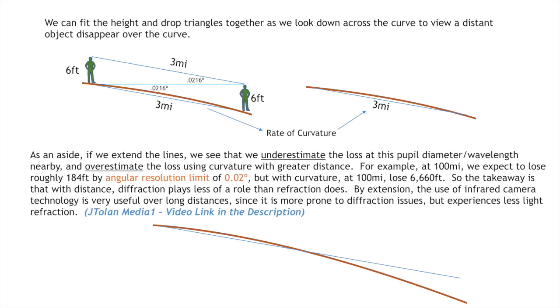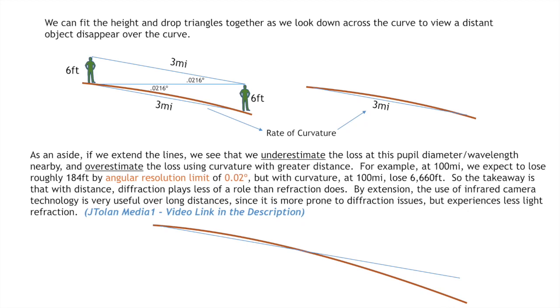And the second one is the loss of information that that person would be granted across that 3-mile distance.